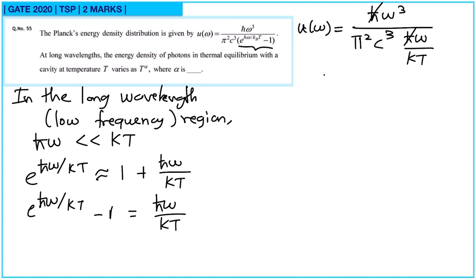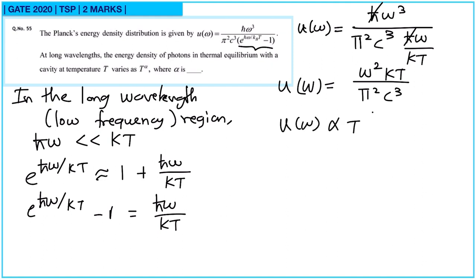So from here we get u of omega is equal to omega cube upon omega, that is omega square, into kT upon pi square c cube. So u of omega is proportional to T, so T to the power 1. So from here alpha is equal to 1, and the answer in the answer key is 1 to 1.